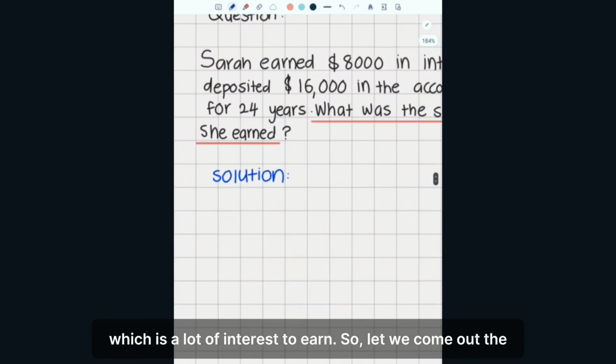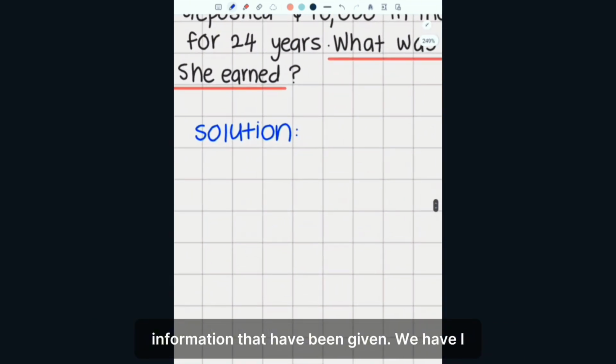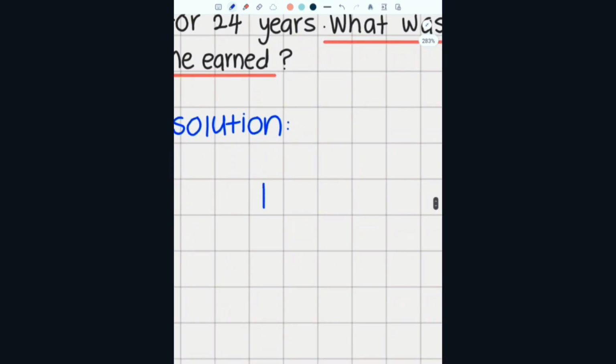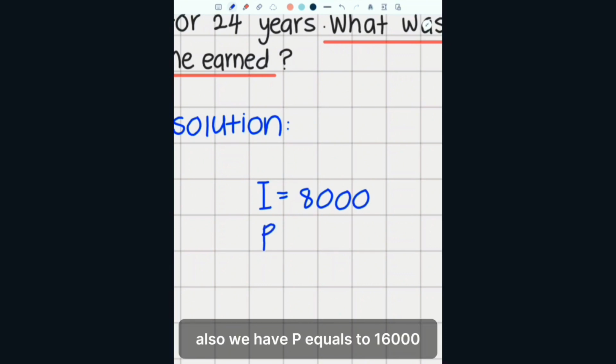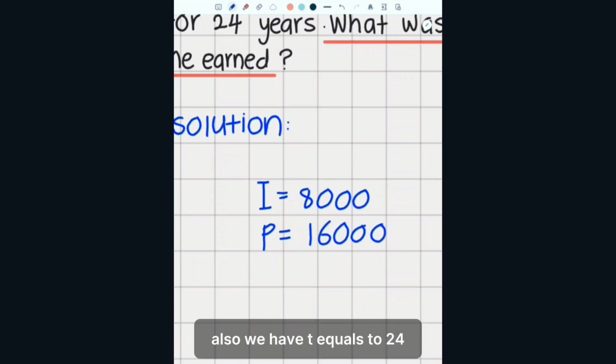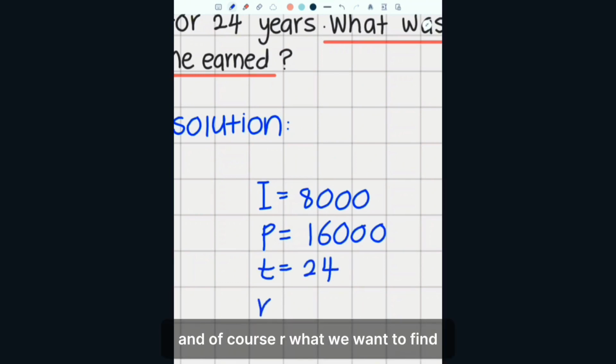So let me write down the information that has been given. We have I equal to 8,000. Also we have P equals 16,000. Also we have T equals 24, and of course R, what we want to find.